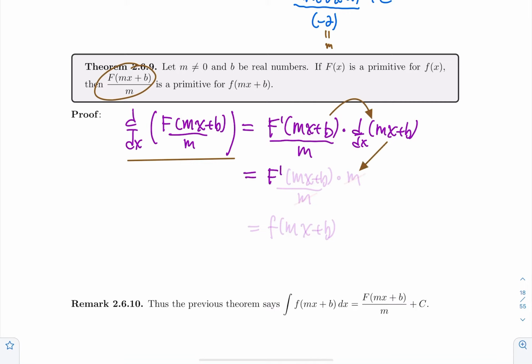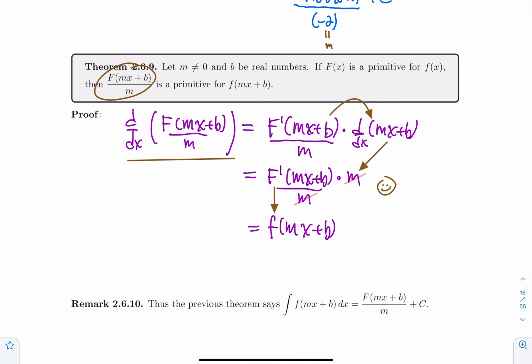So you get big F prime of mx plus b times m over m. And then, oh yeah, the m cancels perfectly because big F is a primitive for small f. Big F prime will be small f, so you're going to get small f of mx plus b. So it works perfectly.